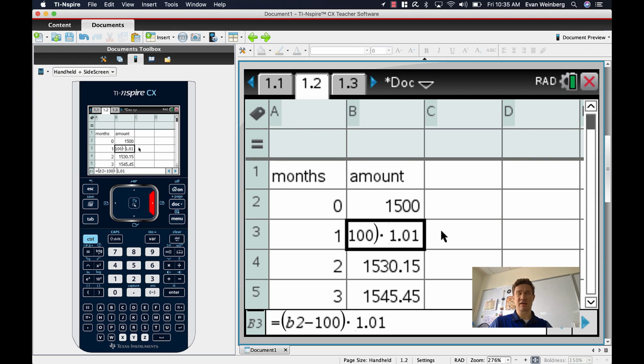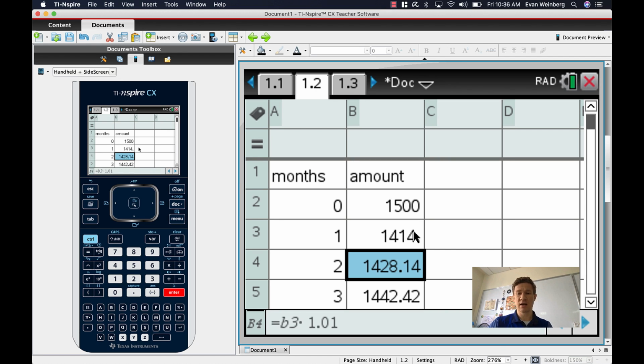And so if we think about that, that means that's $1,400 that are left, and I'm going to take that $1,400 and multiply it by 1.01, and I get this amount. And I haven't continued this formula, so let's drag this down one more and talk through what this means.